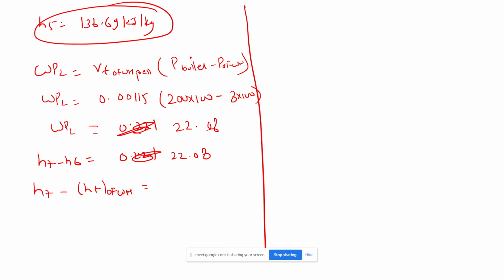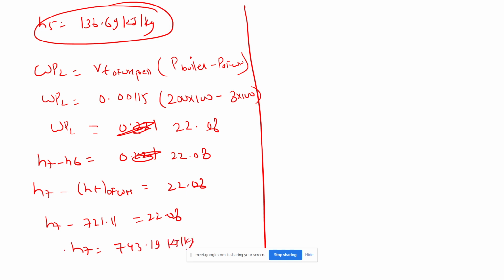So H7 minus 721.11 equals 22.08, and H7 we get is 743.19 kilojoule per kg.